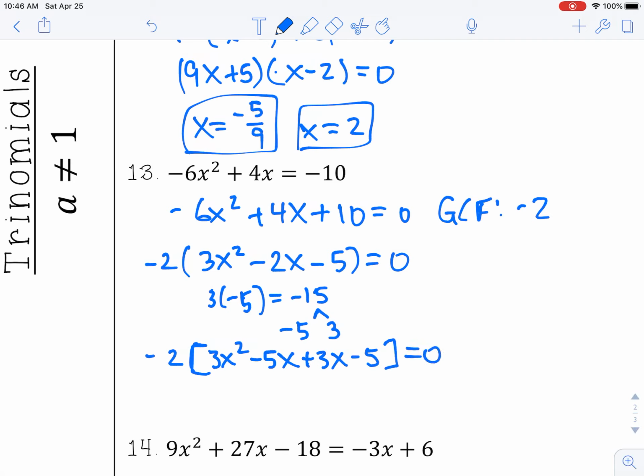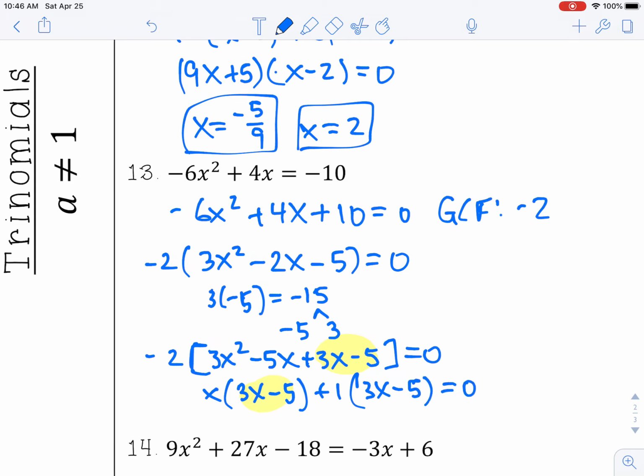Then factor, and since I see this 3x minus 5 is the same as this 3x minus 5, I just factor out a 1.